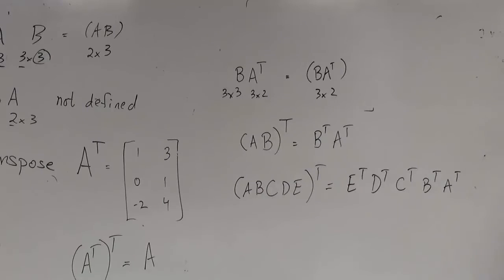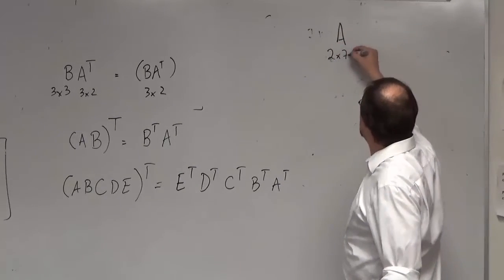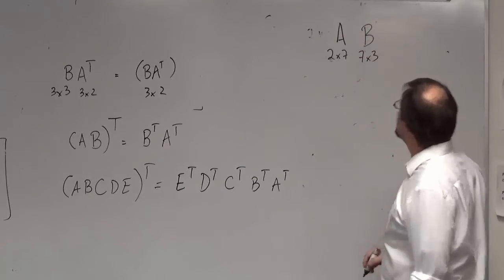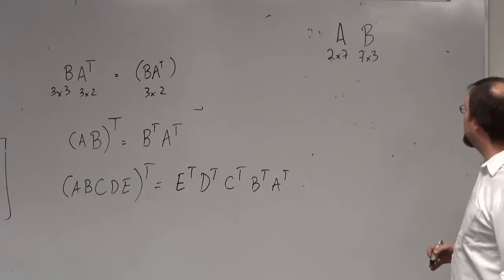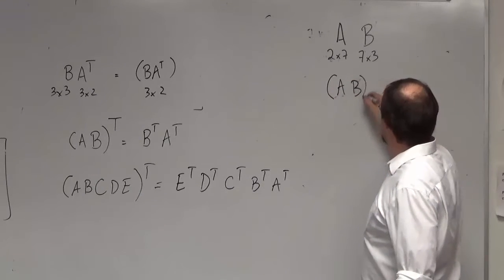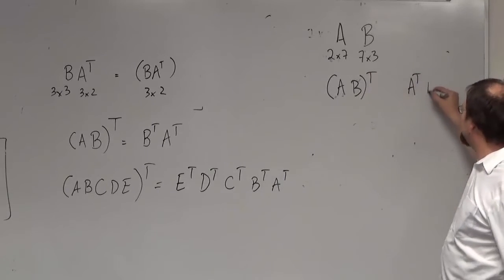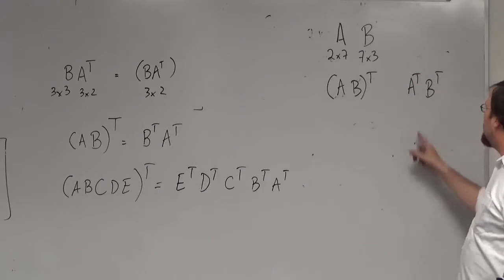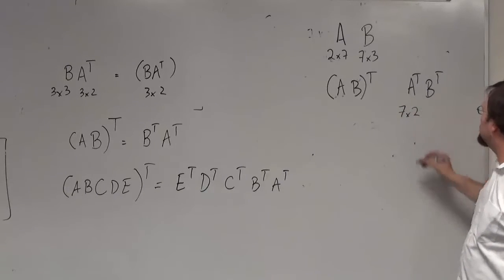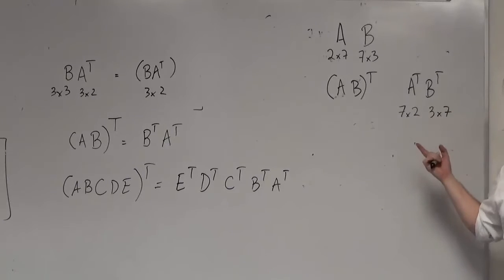So if you have a 2 by 7 matrix for A, and a 7 by 3 matrix for B, this multiplication is defined. And if I transpose this, and this is incorrect, but if I claim that this is A transpose times B transpose, well, A transpose now is a 7 by 2 matrix, B transpose is a 3 by 7 matrix, so that's not even defined.